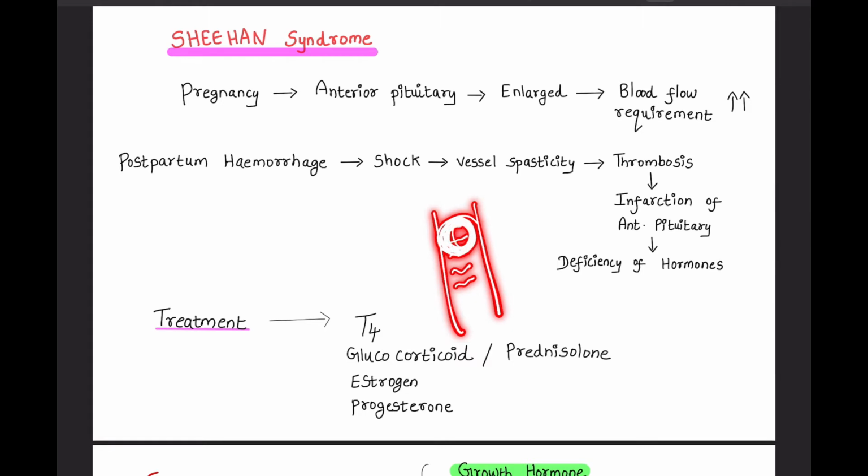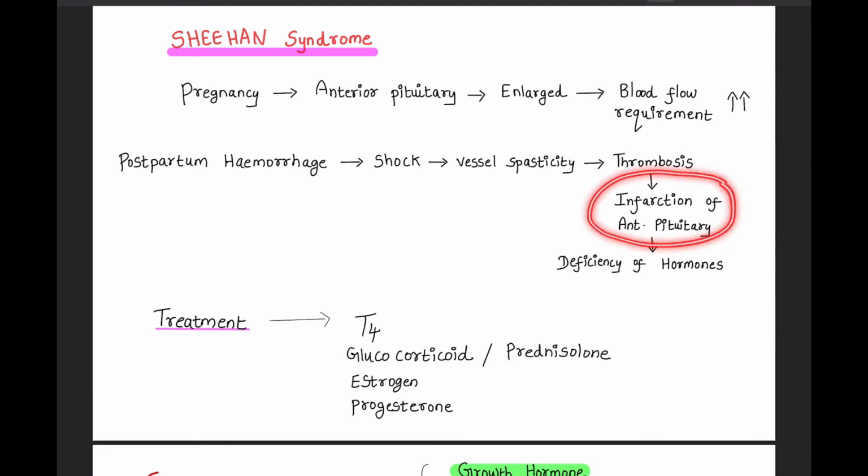If there is thrombosis, the blood flow to the tissues is affected, so the tissue will become infarcted, that is, the tissues will die if there is no blood supply. If there is no blood supply to the anterior pituitary because of the postpartum hemorrhage, the synthesis and release of hormones is also disturbed, so there will be deficiency of hormones.